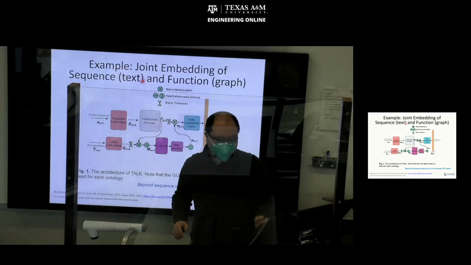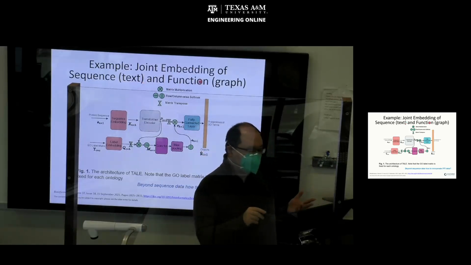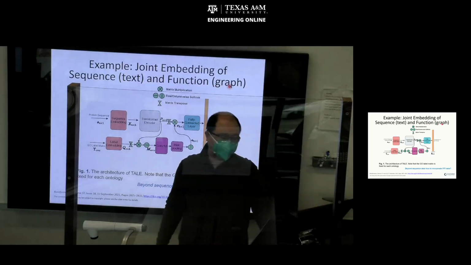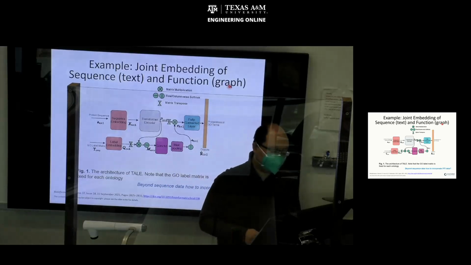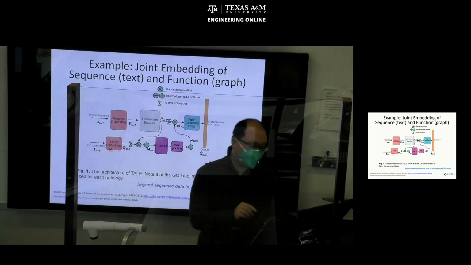And the output is defined as probability over the gene ontology, which is a graph, right? So in this sense, what you can do is jointly embed the input sequence and the gene ontology labels, right?